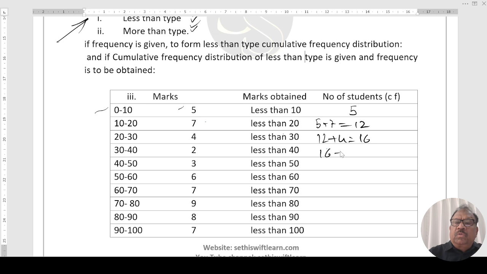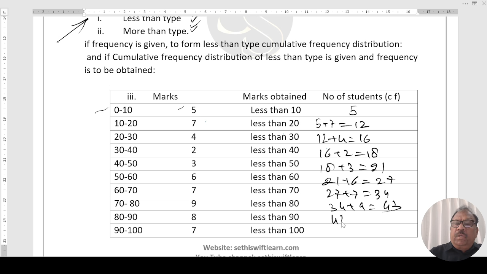Then 16 plus 2, 18. 18 plus 3, 21. 21 plus 6, 27. 27 plus 7, 34. 34 plus 9, 43. 43 plus 8, 51. 51 plus 7, 58. So this is the cumulative frequency distribution of less than type.